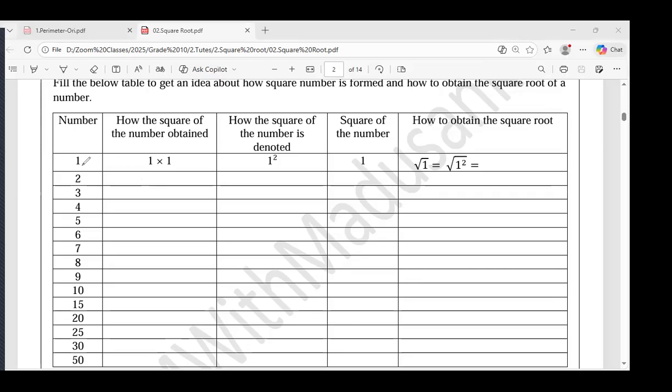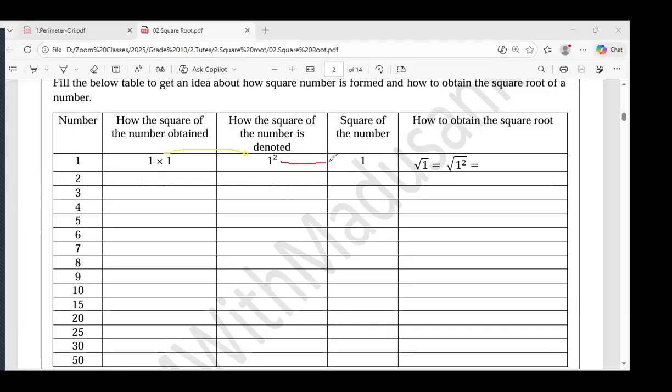Here, if you have the number 1, how is the square of the number obtained? 1 times 1. Then how can you denote this in a different way? 1 to the power 2, the square of the number.